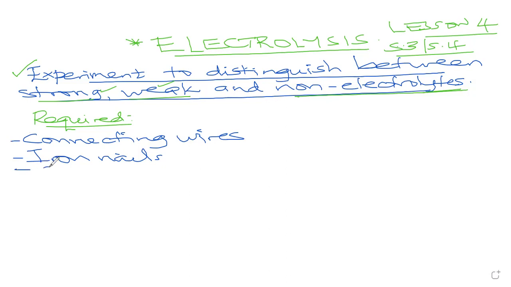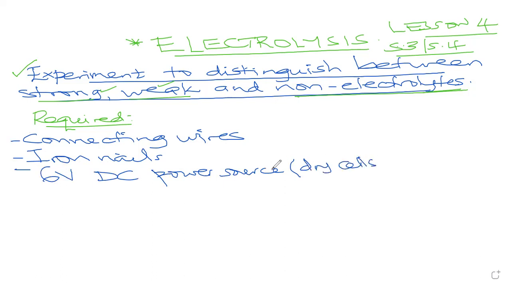We shall need a 6 volts DC power source. When you talk of a 6 volts DC power source, you can use batteries, you can use dry cells. How many could they be? Remember, each dry cell is 1.5 volts, if I'm not mistaken.